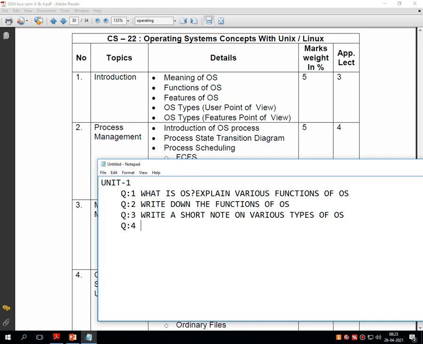Question number 4. Explain the meaning of operating system.